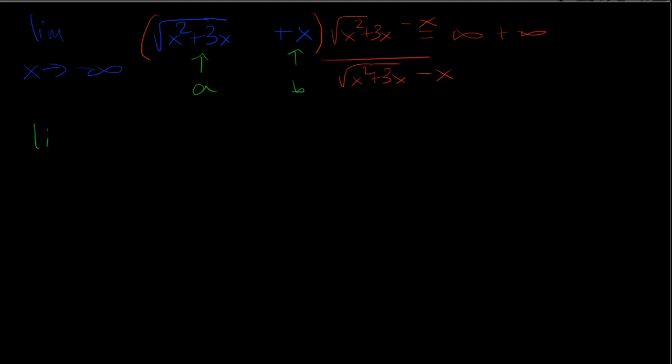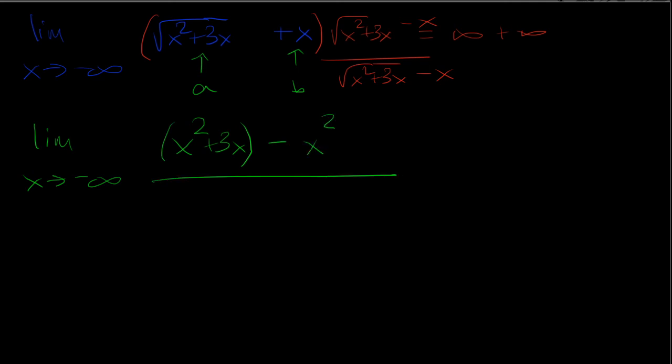So we can just say the limit as x approaches negative infinity is a squared minus b squared, which is x squared plus 3x minus x squared, all over the square root of x squared plus 3x minus x.